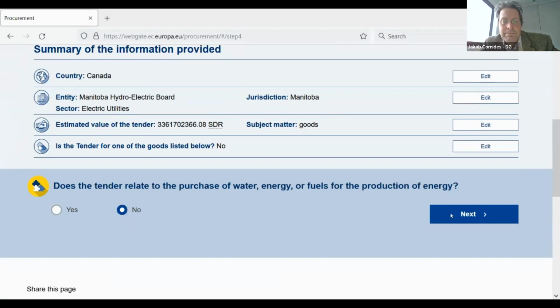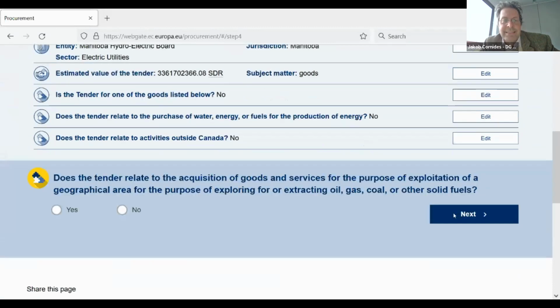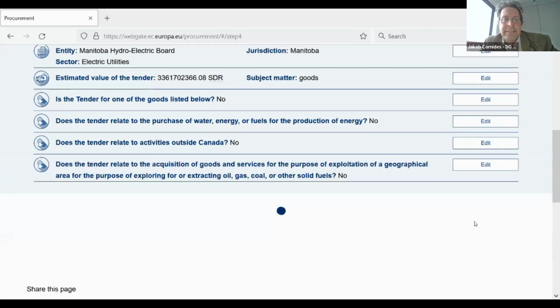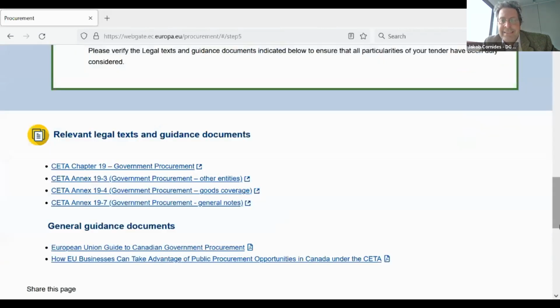I say no. Does the tender relate to activities outside Canada? I say no. Does it relate to the acquisition of goods and services for the purpose of exploitation of a geographical area for the purpose of exploring for or extracting oil, gas, coal, or other solid fuels? Again, I say no. Has it to do with shipbuilding? No.